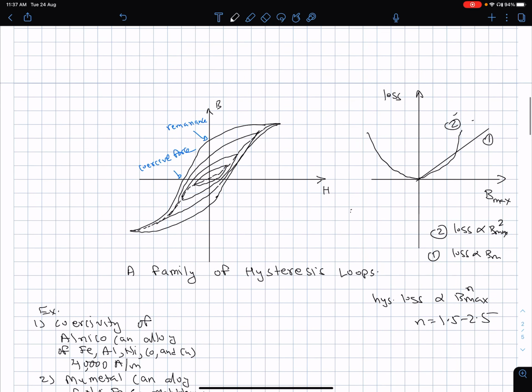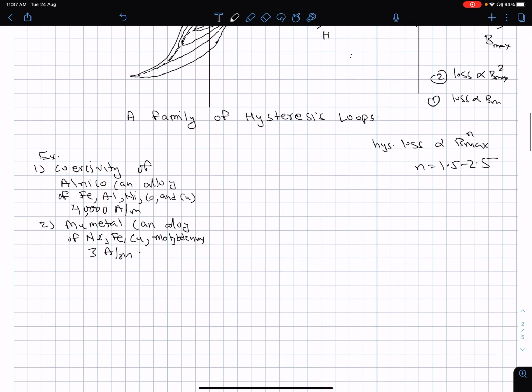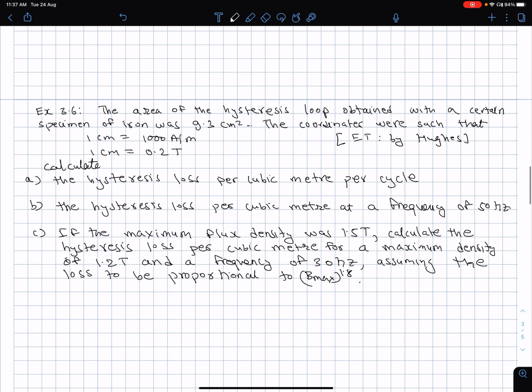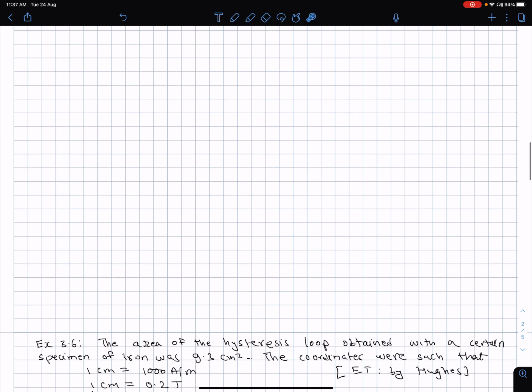So you see this is the graph. This area, because you draw it to scale, is the number of squares that are enclosed, which is 9.3. The area enclosed is 9.3 centimeter square, where for the magnetic axis 1 centimeter is 1000 amperes per meter.